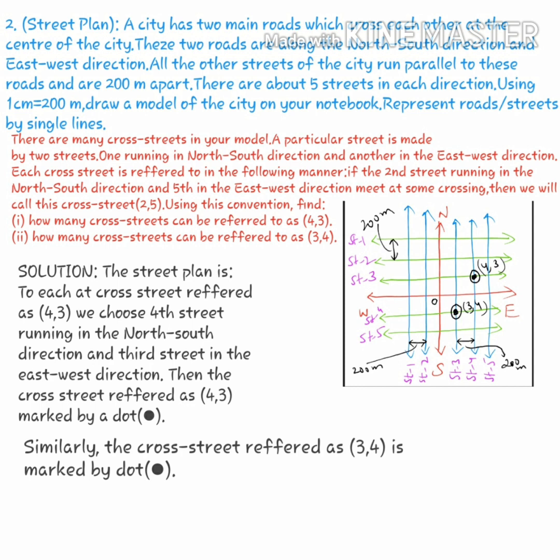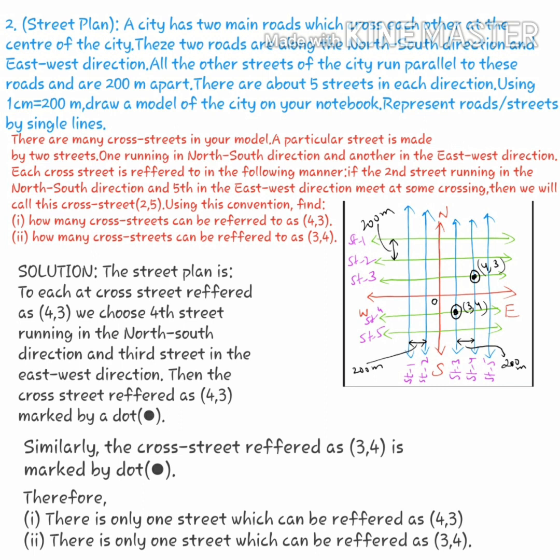On the diagram, dots are marked. The first dot represents 4, 3: the 4th street in north-south and the 3rd street in east-west direction. Similarly, we can mark the cross street referred to as 3, 4. 3, 4 means the 3rd street in north-south and the 4th street in east-west direction, marked by a dot on the diagram.